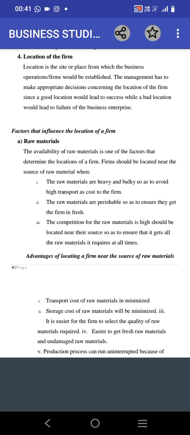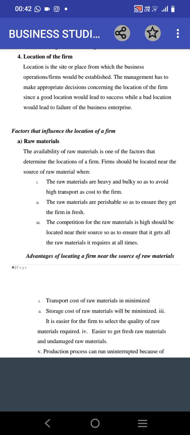When the raw materials are heavy, you should locate your farms near raw materials because they can be heavy and bulky, to avoid high transportation costs.